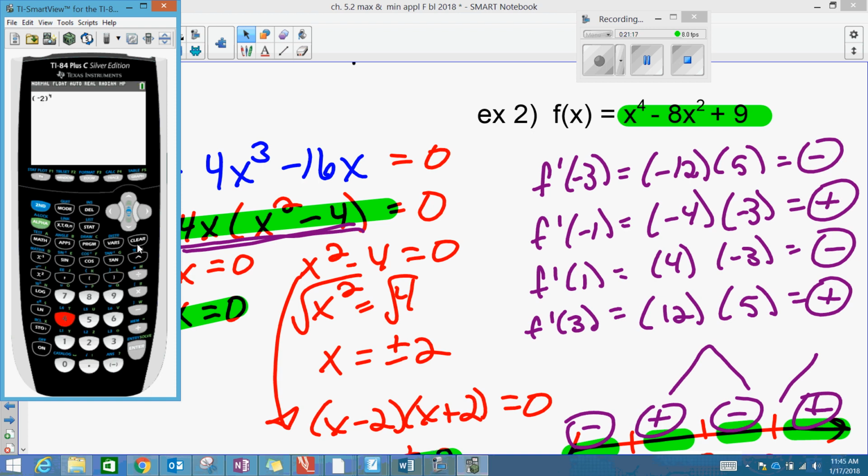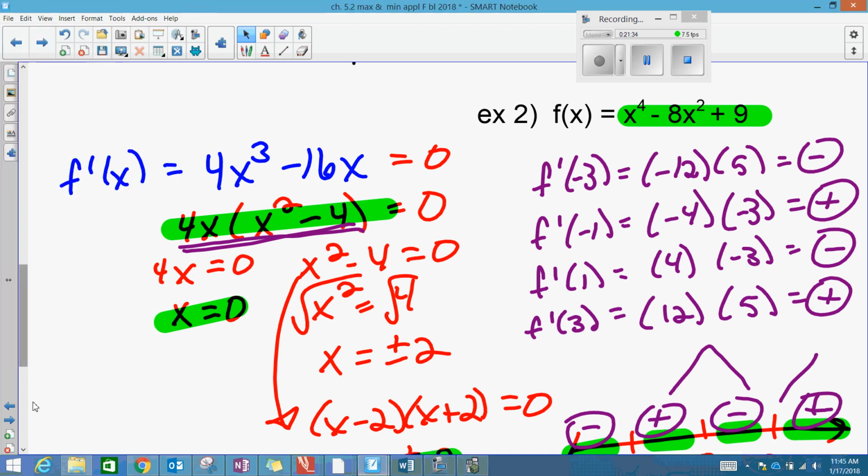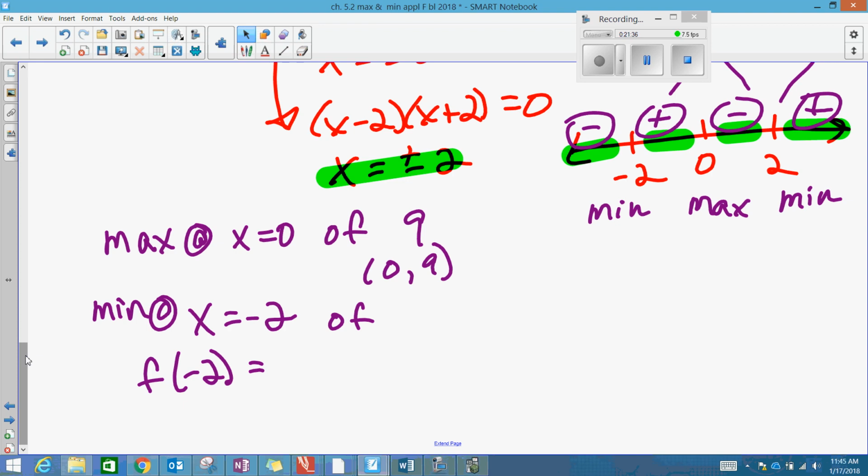So -2 to the 4th, and then minus 8, and then times -2 squared, and then plus 9. I hit enter, and it is -7. So down here, f of -2 equals -7.